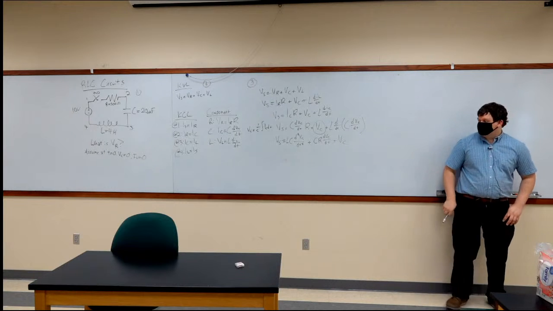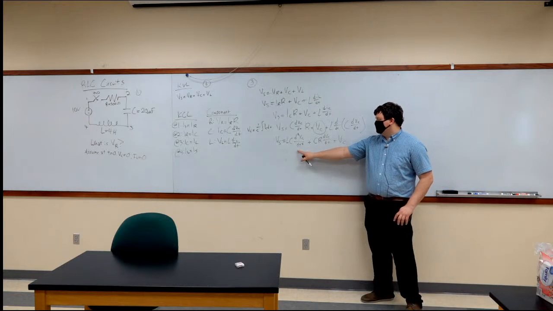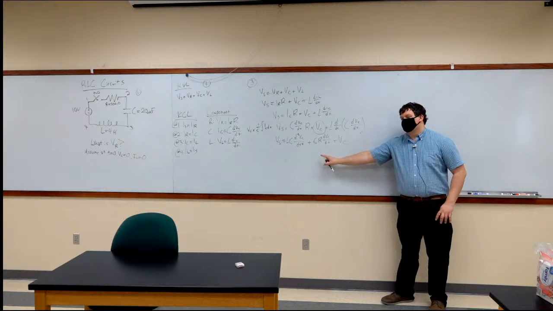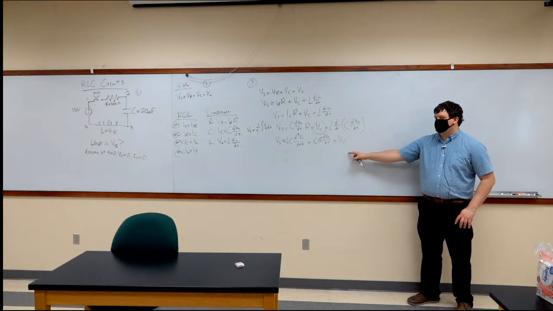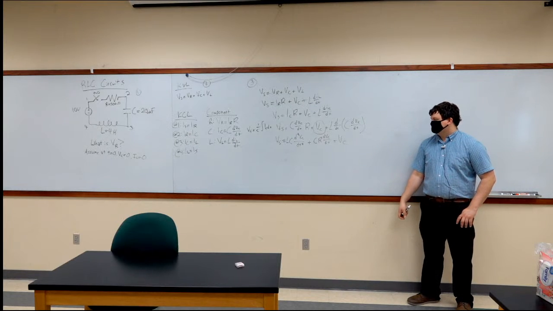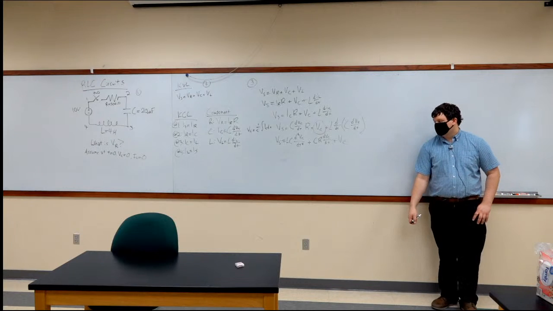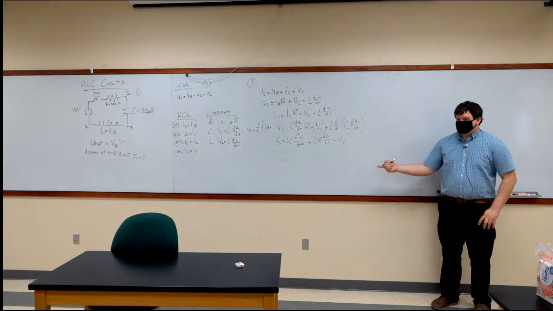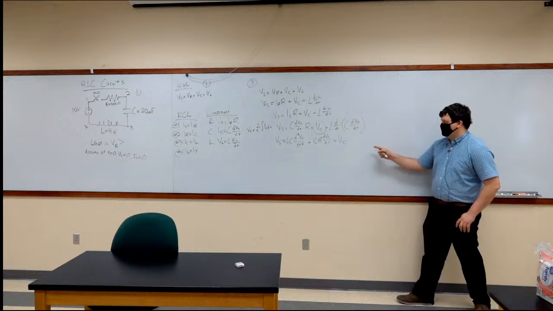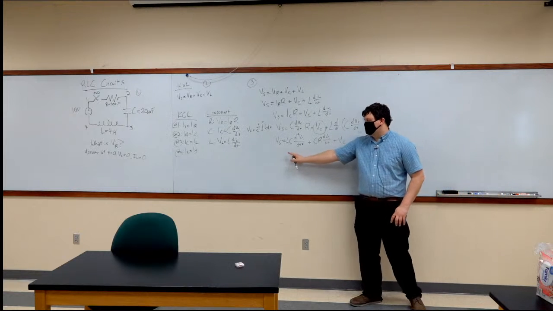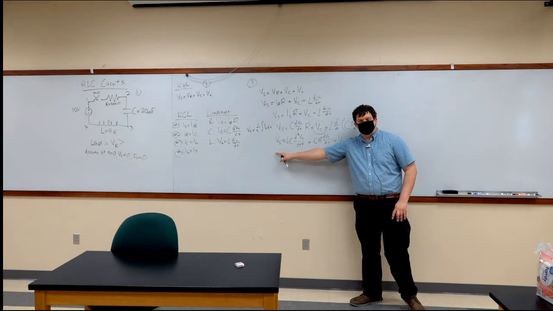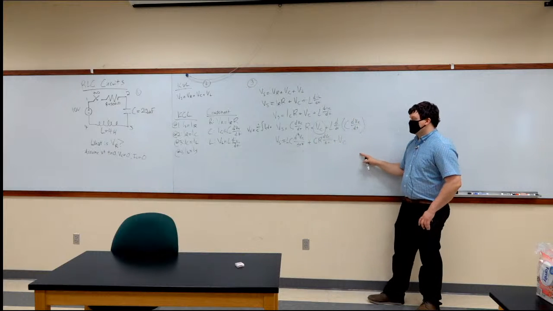We now have this in terms of second order derivative, first order derivative, no derivative. This is as pretty as we can get it. This is only in terms of Vc and Vs. Here we have our forcing function. Here we have a function of Vc.